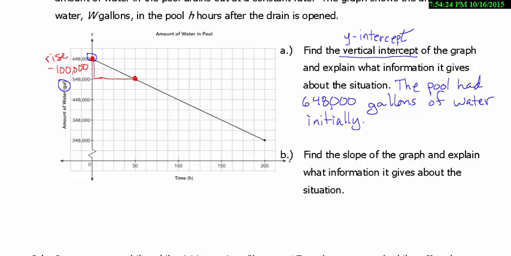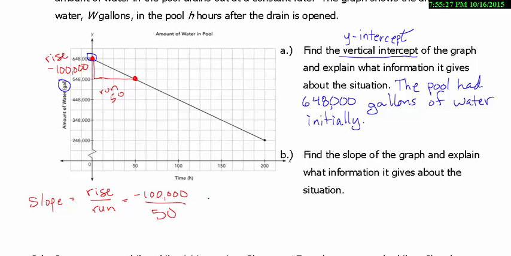It is not just 1, 2, 3, 4 units. Looking at the x-axis, it is an increase of 50. So your run is going to be 50. In this case, the slope equals rise over run, or negative 100,000 over 50.